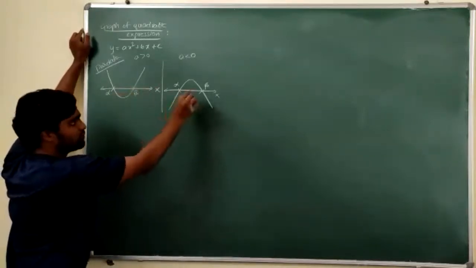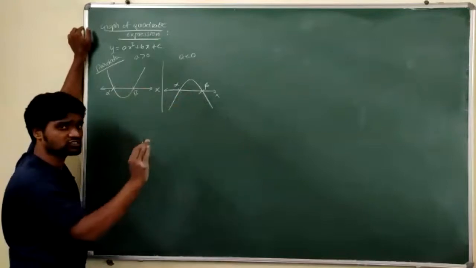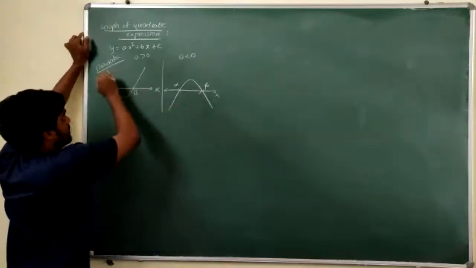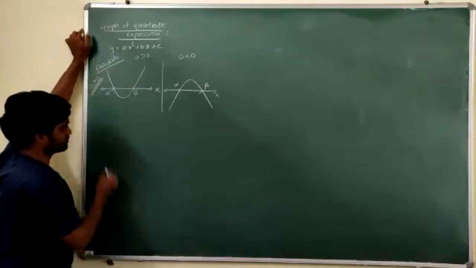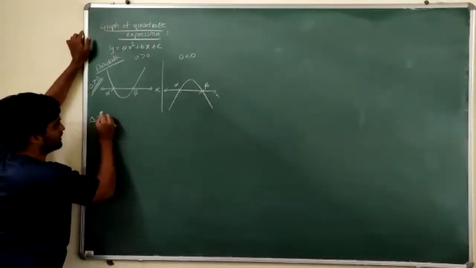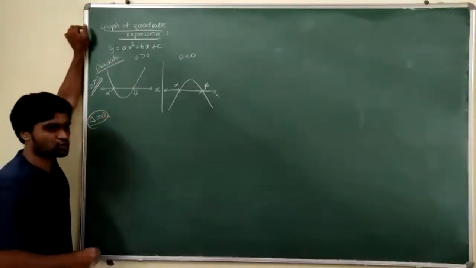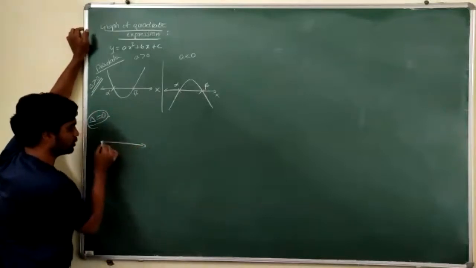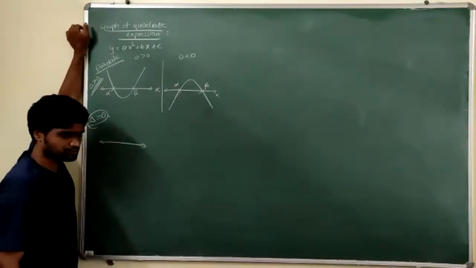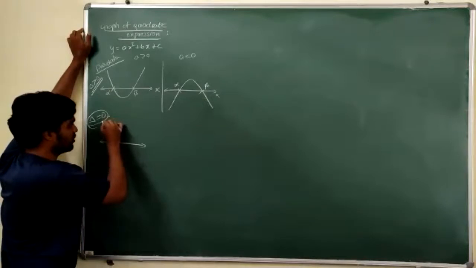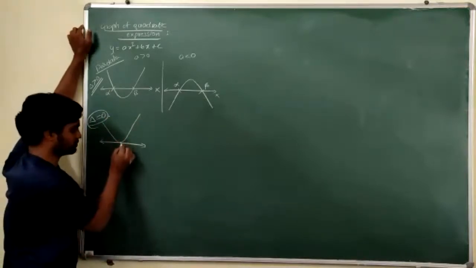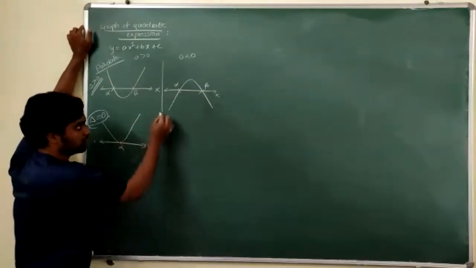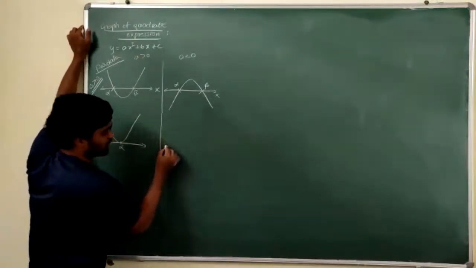Now, alpha and beta, there are 2 roots, which means this is when delta is greater than 0. Now I'll talk about delta equal to 0. If delta is equal to 0, what did I tell you? The equation will have real and equal roots.